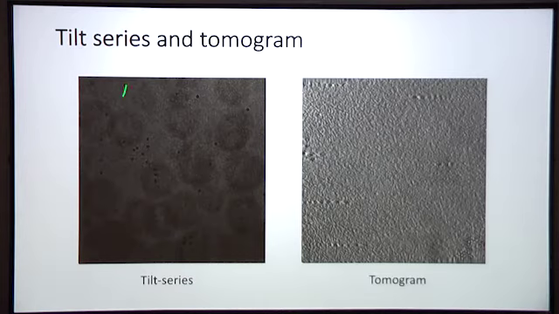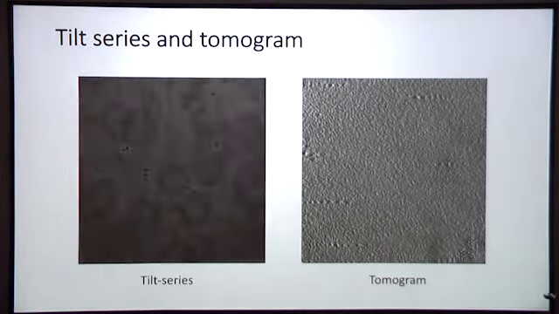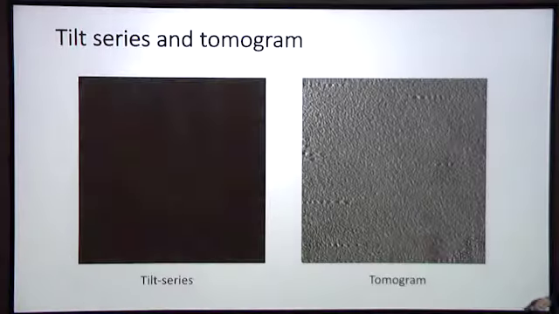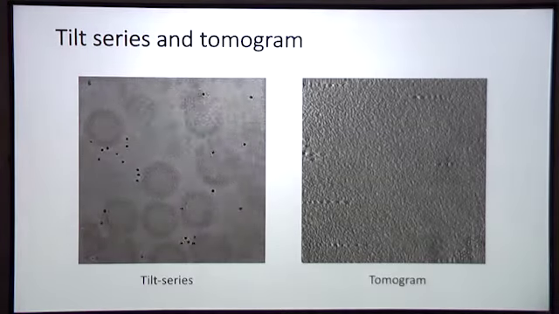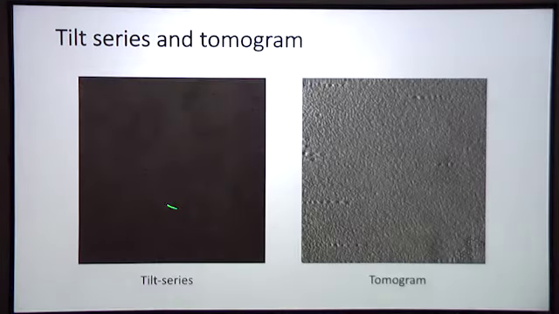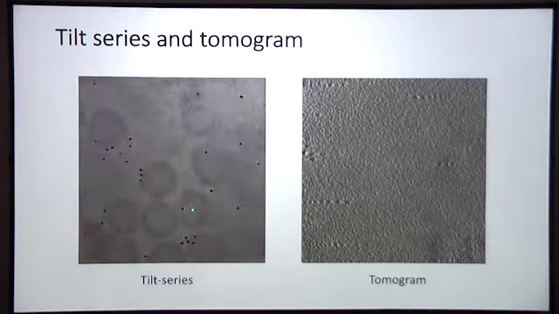So the data as it comes off the microscope is what we call the tilt series, and it's then reconstructed to generate a tomogram. So this is a tilt series. So this is just rocking between minus, whatever it is, probably minus 50 or minus 60. You can see, in this case, these are an in vitro virus-like particle.